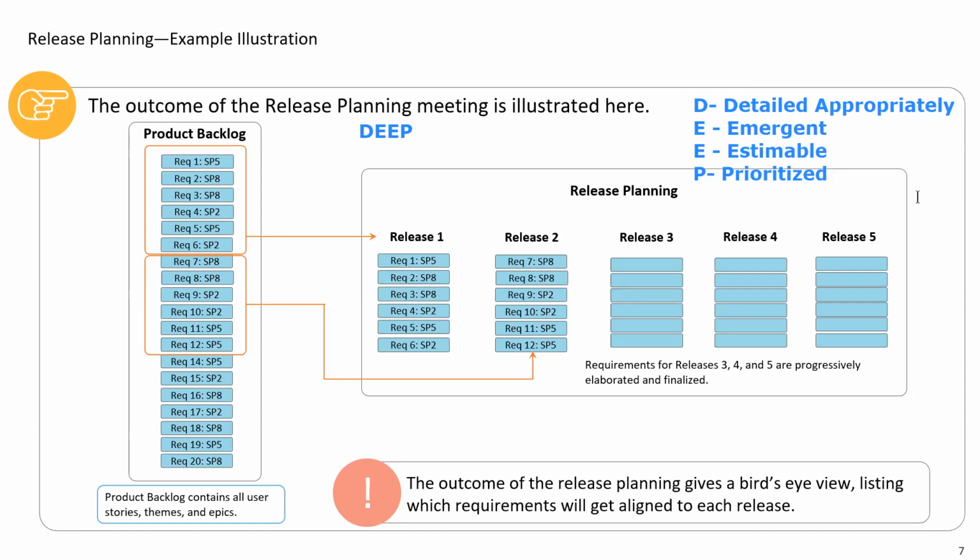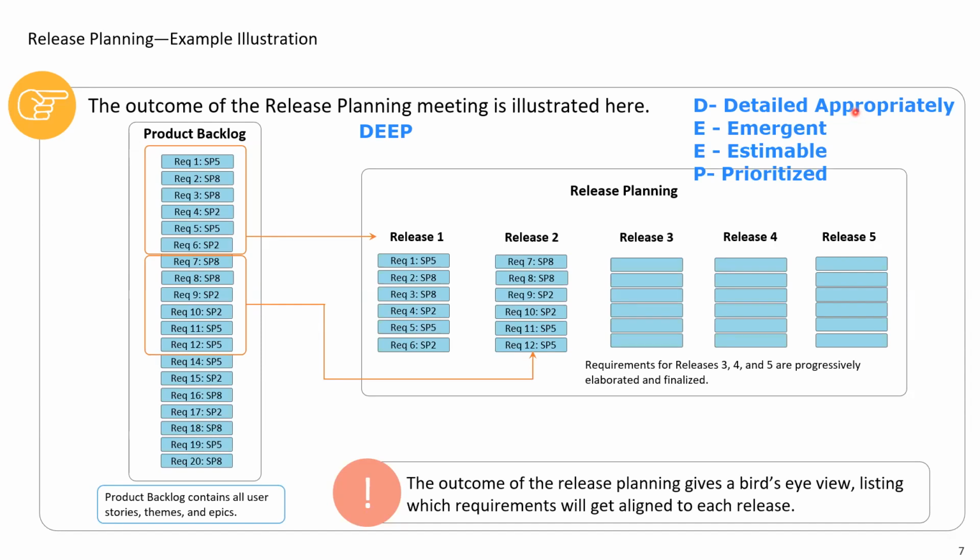Detailed appropriately means that at any point of time, you do not freeze the product backlog. The high priority user stories or requirements at the top should be highly detailed, granular. Those requirements at the lower end of the product backlog can be less detailed.